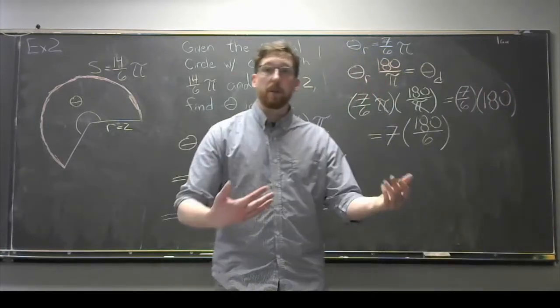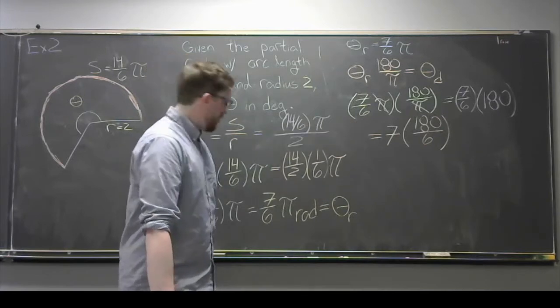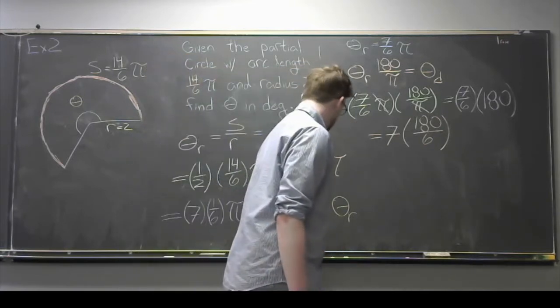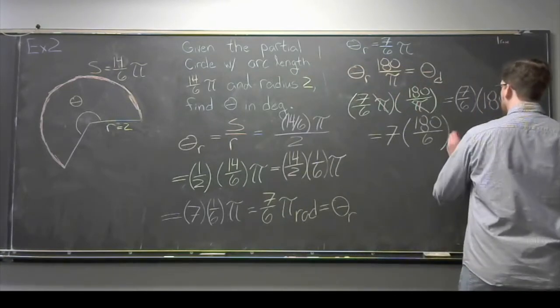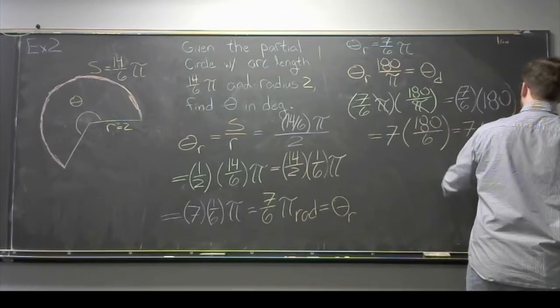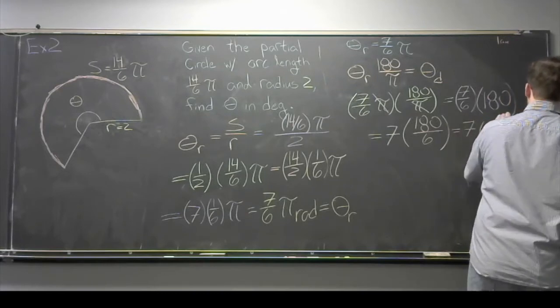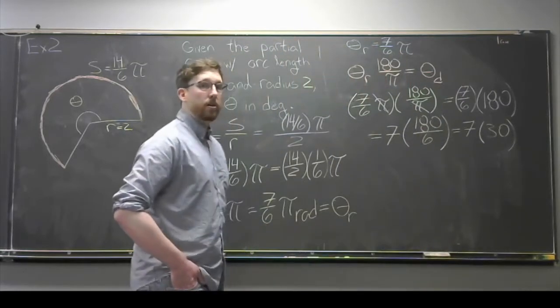All I did was rewrite the fraction. 180 divided by 6 gives us 30. So we have 7 times 30, or just 210.